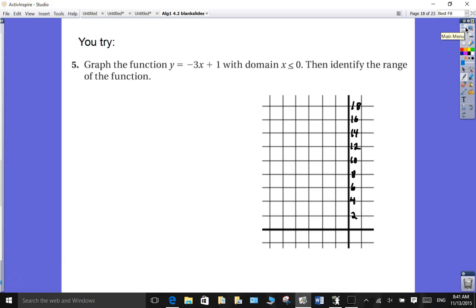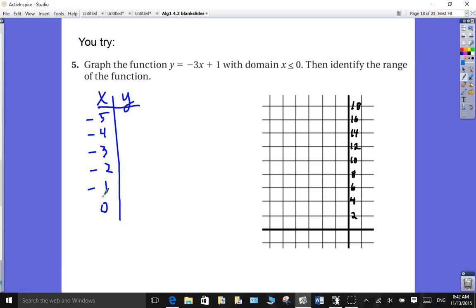Graph this function. And you could see on the scale here, I don't know, why did I do that? I think I used the values because I wasn't being lazy yet. Oh, because it said x is less than or equal to 0. So I think I used negative 5, negative 4, negative 3, negative 2, negative 1, and 0.